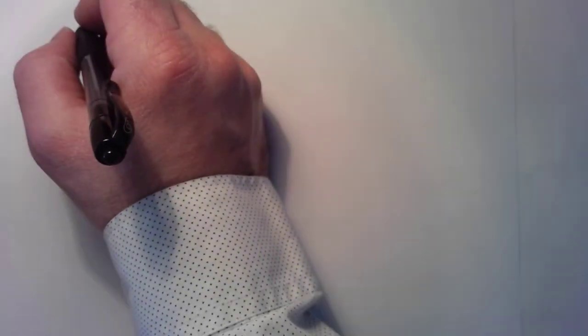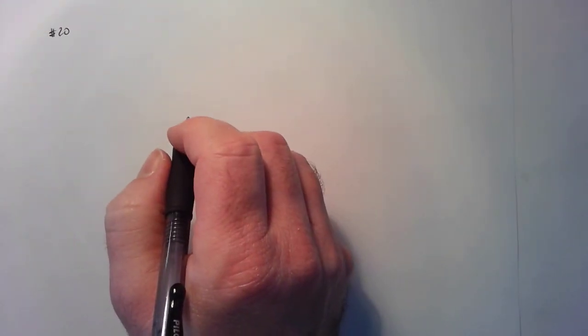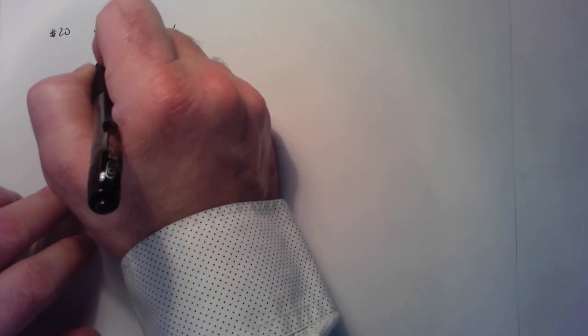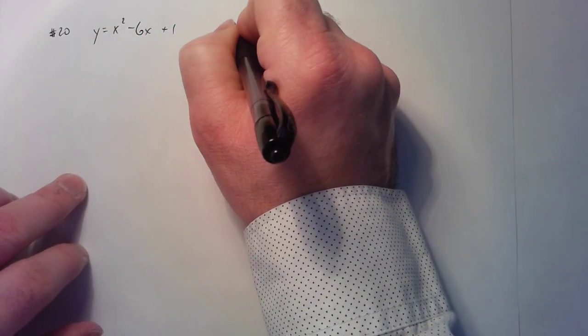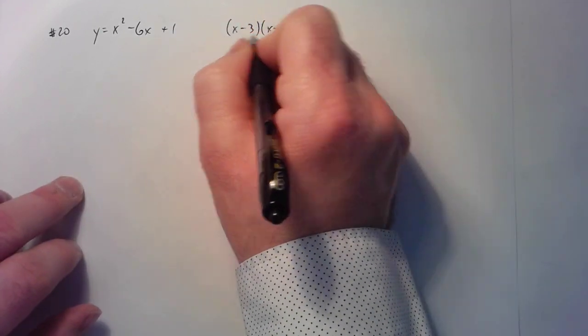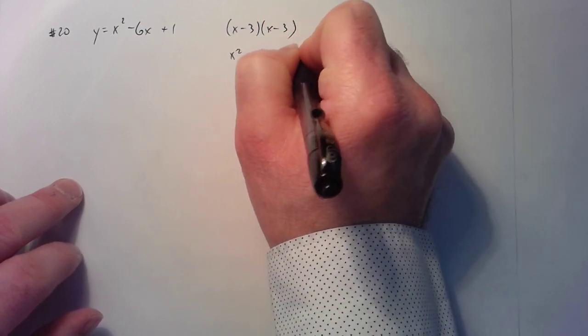y equals x squared minus 6x plus 1. Let's see if I can fit two problems on this one piece of paper. Number 20: y equals x squared minus 6x plus 1. This looks like a simple case of completing the square. If this were (x minus 3) squared, it would be x squared minus 6x plus 9.